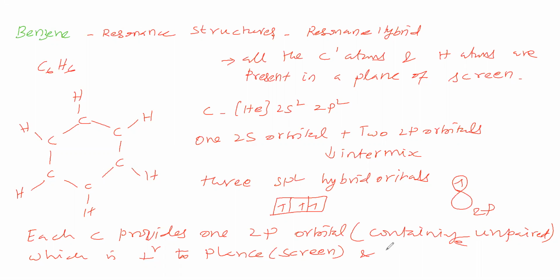And how are they arranged? They are parallel to each other, like this. The 6 carbon atoms form a cyclic ring, like a cyclohexane ring. Each corner means one carbon.